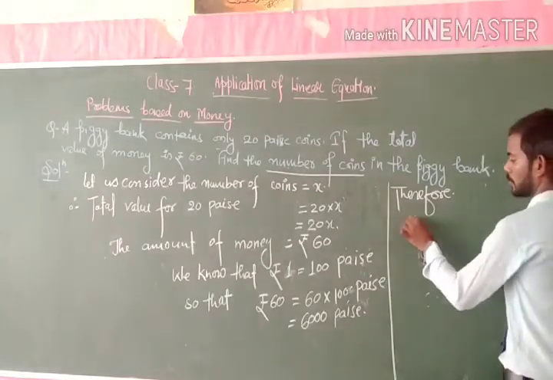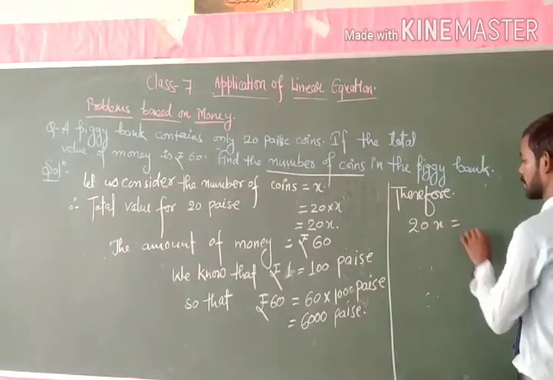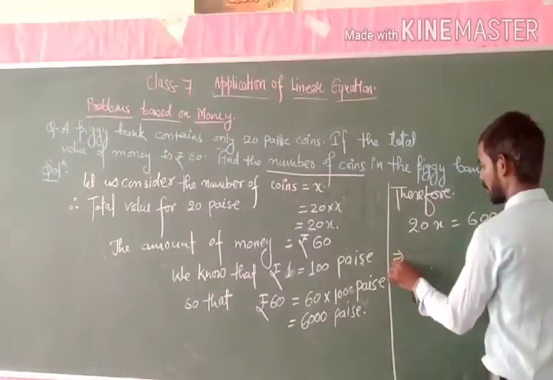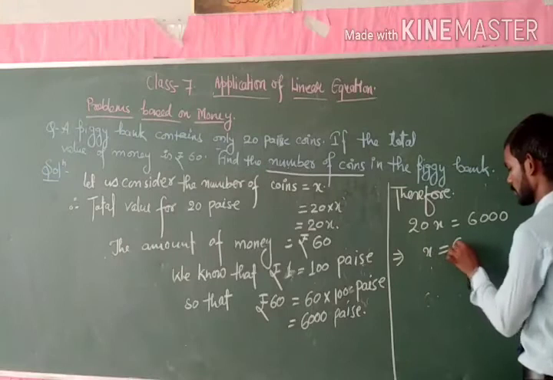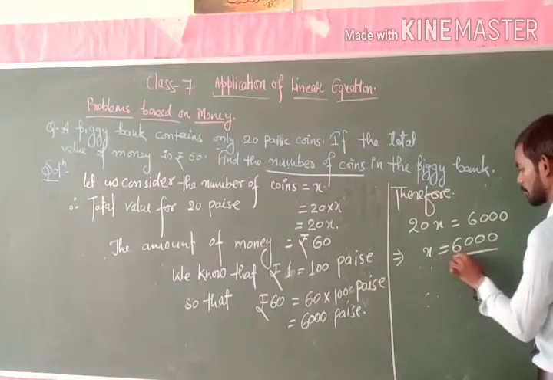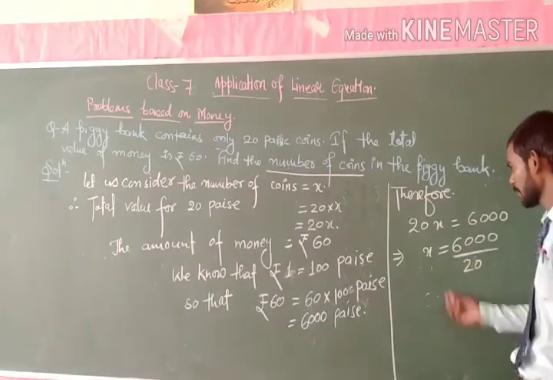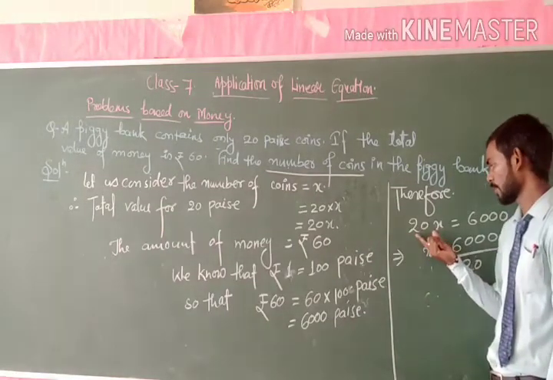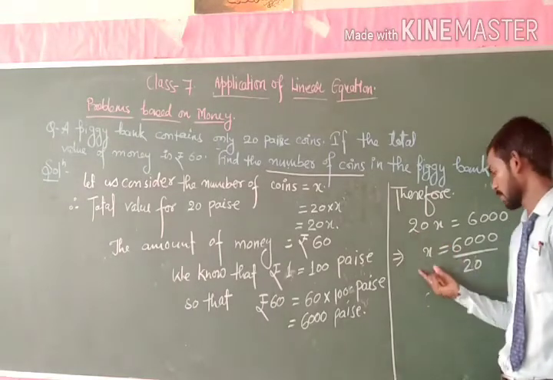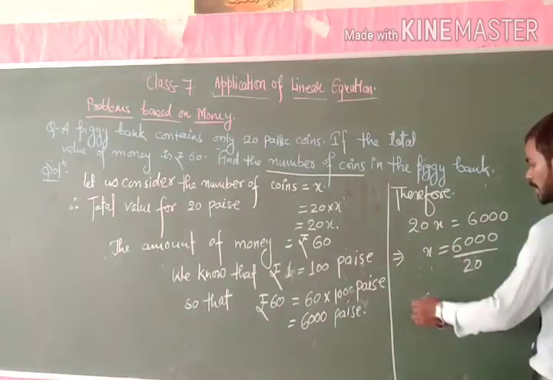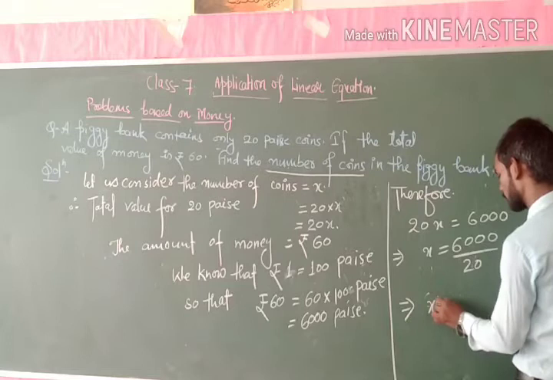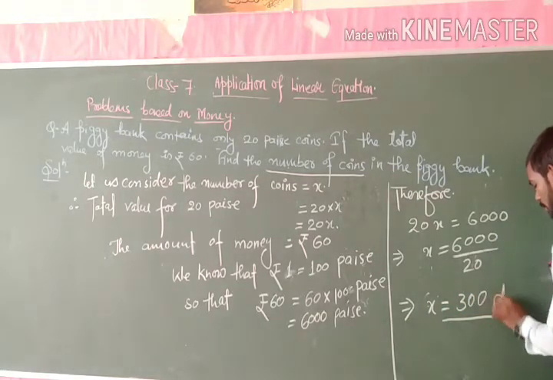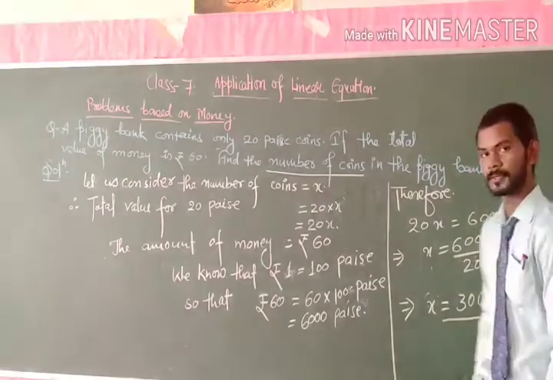Therefore 20x is equal to 6000, and this implies x is equal to 6000 upon 20. Here 20 is multiplied with x, so when it goes to the right side it becomes divided, and then we have x is equal to 300, which is our required result.